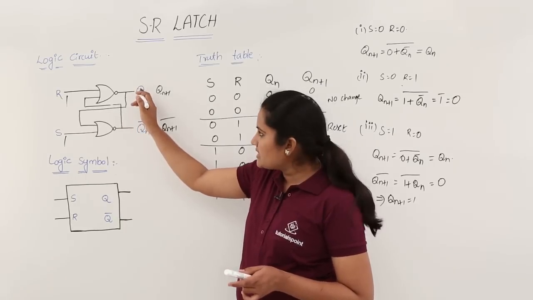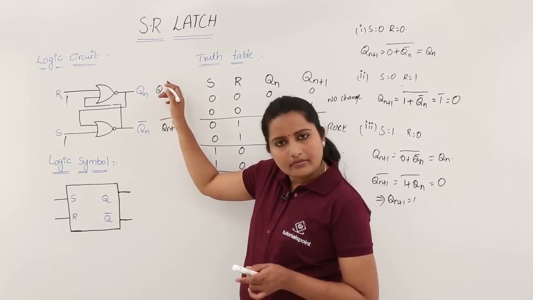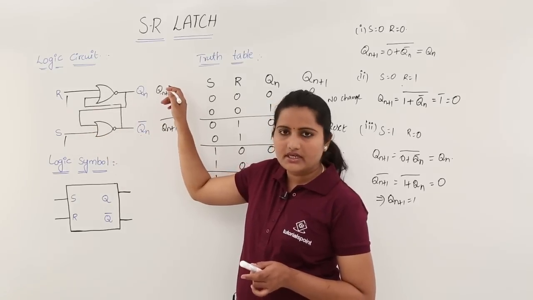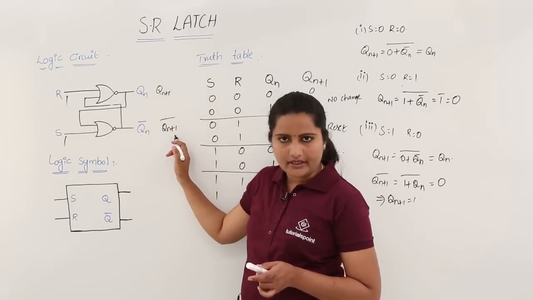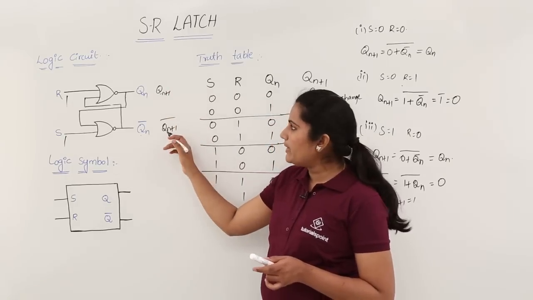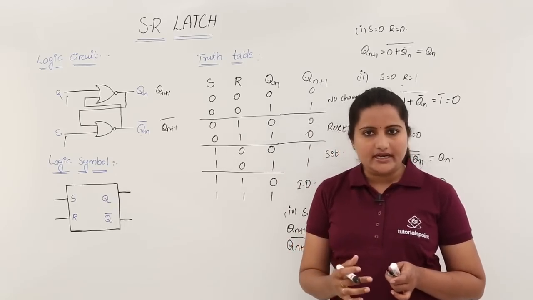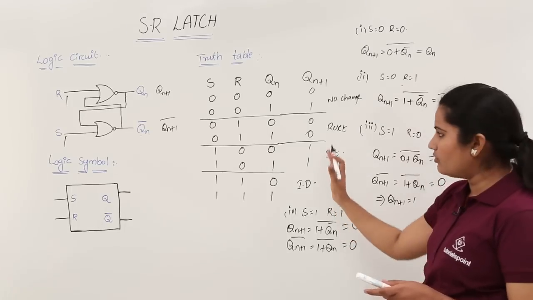No. This is the present state and the complement of the present state. The next state will come here only. After processing these inputs you are getting the next state, and obviously at this complement port you are getting the next state complement. So by using the complement or normal track, the first aim is to get a value, otherwise you are getting Qn or Qn bar in the output.